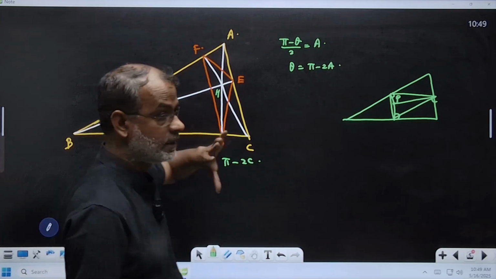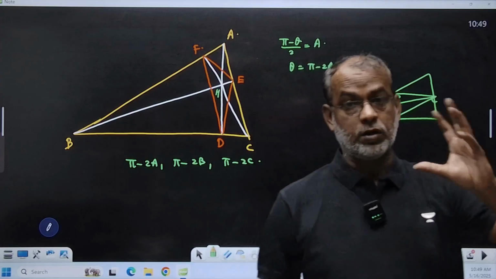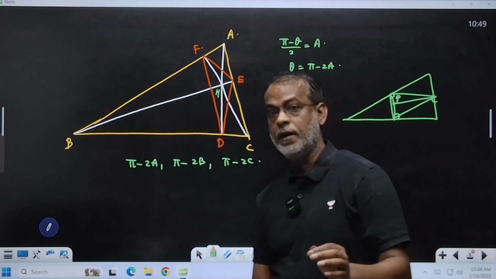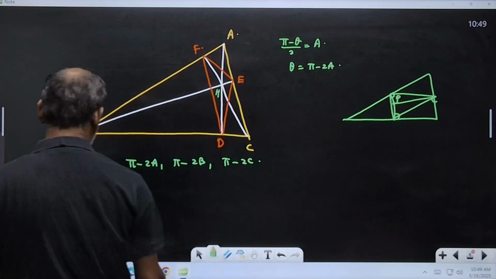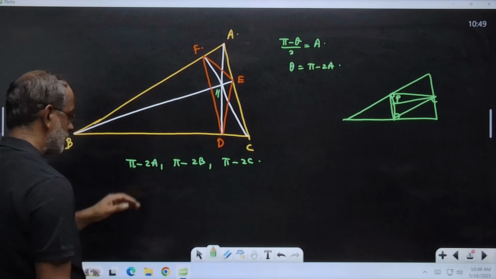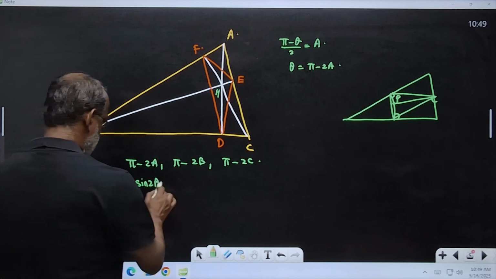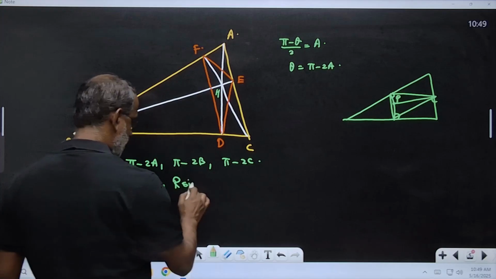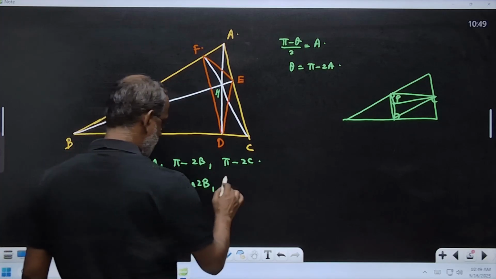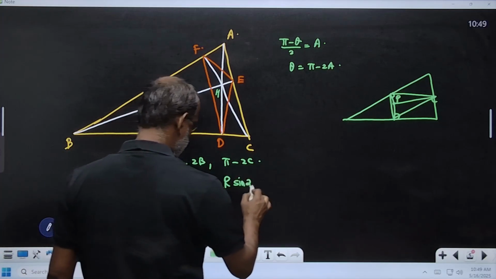If this triangle has circumradius R, the orthic triangle has circumradius R by 2. So, the sides are 2R sin A, which is R sin 2A, R sin 2B and R sin 2C.